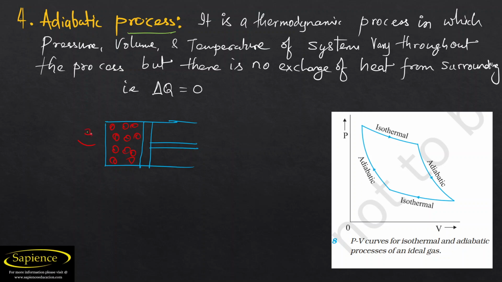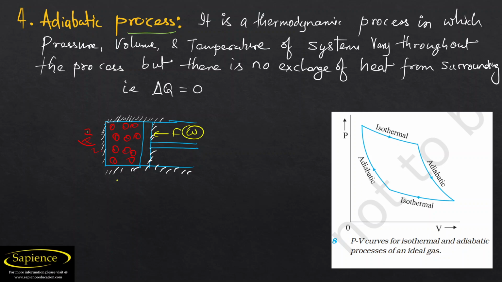So when we heat inside, what will happen? Heat will go inside. But we have to make the situation such that no heat transfers from outside or inside. So there is no exchange of heat. Everywhere we have blocked the heat transfer, and if we apply a force here, work will be done.